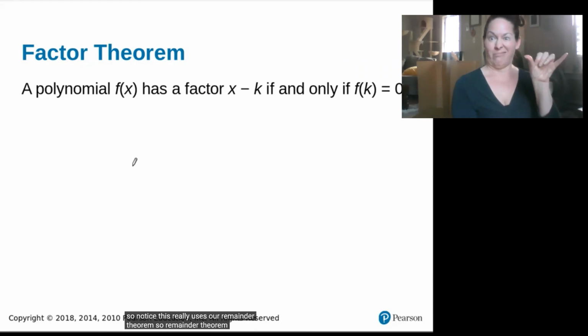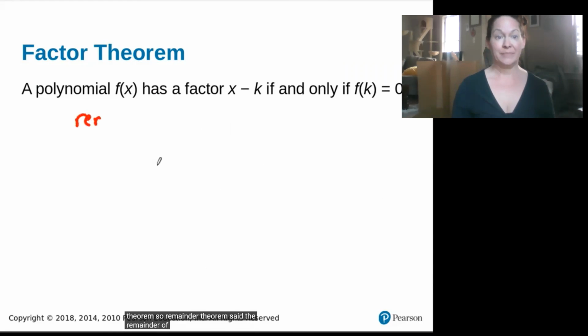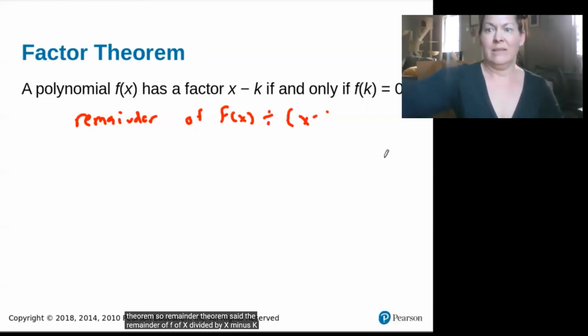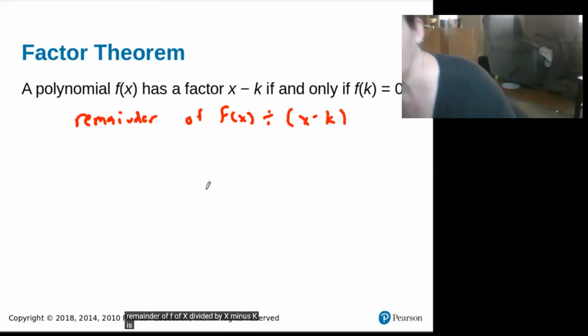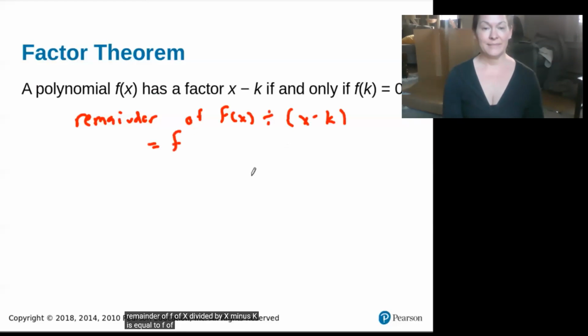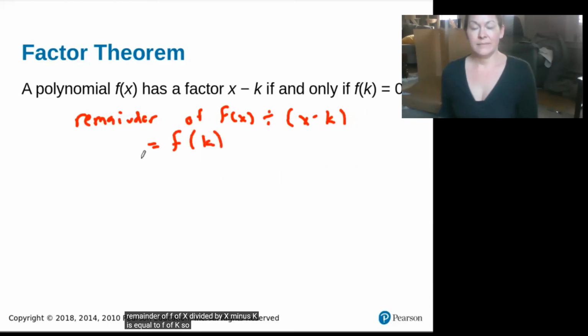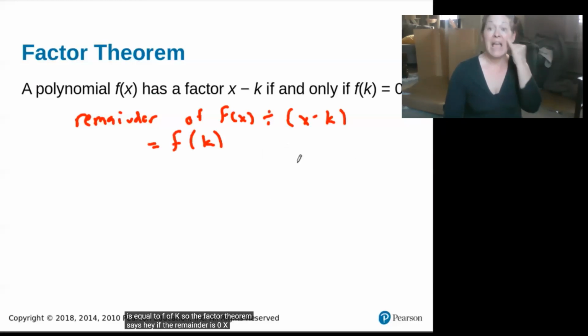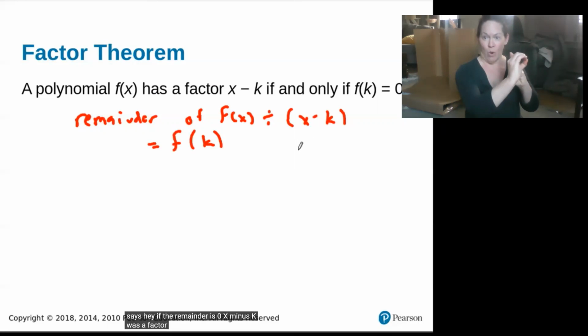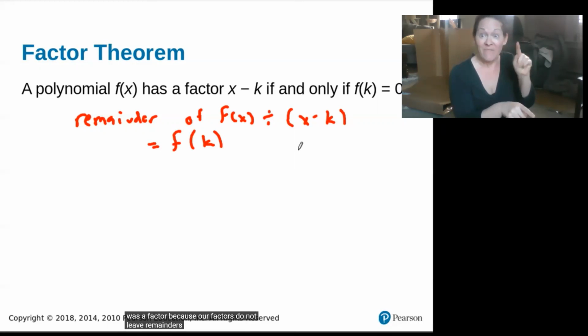So our remainder theorem said the remainder of f of x divided by x minus k is equal to f of k. And so the factor theorem says, hey, if the remainder is 0, x minus k was a factor, because our factors do not leave remainders.